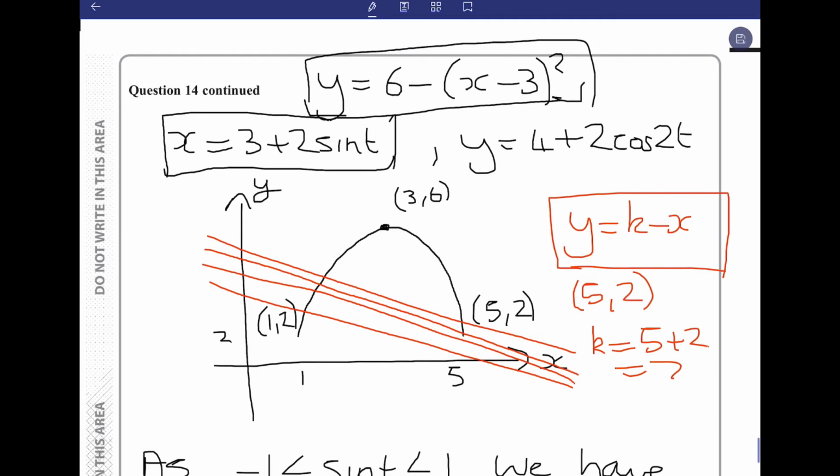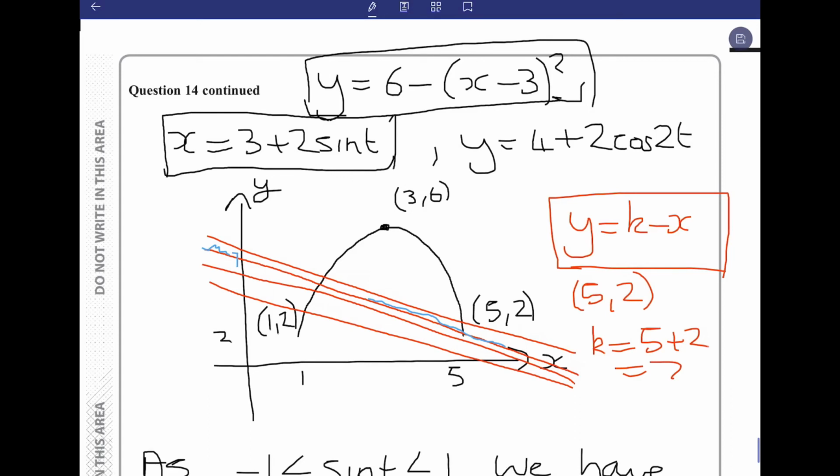So what I mean by this is this value here, I'll just draw there. So this line here, this one, is the first line that can intersect the curve twice if we're going off x values.